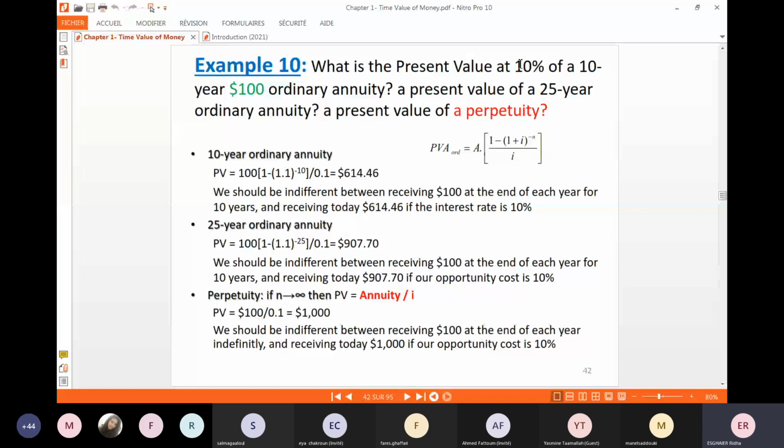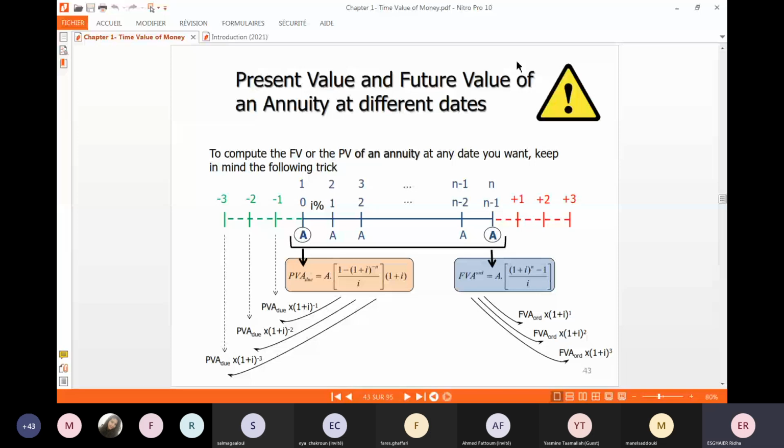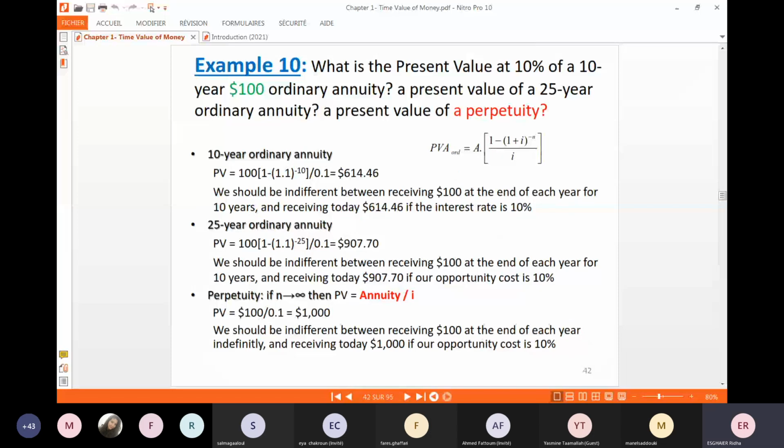If we require 10% annually, we will accept to invest at maximum today $1,000 if the future cash flows that we will receive are 100 each year. I hope it is clear. We will stop here and we will continue next week.